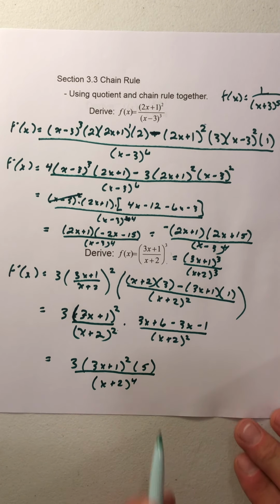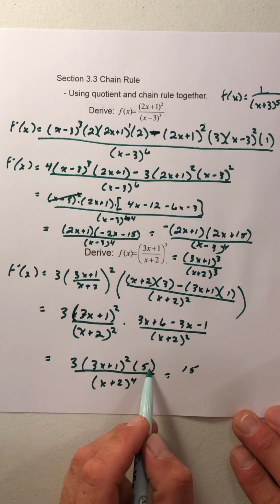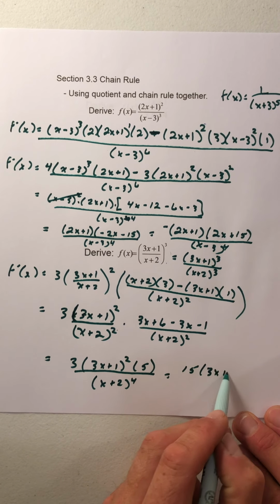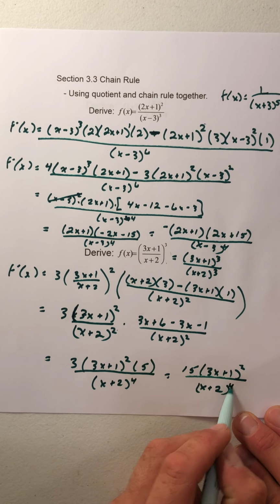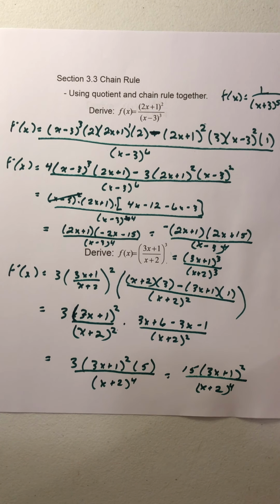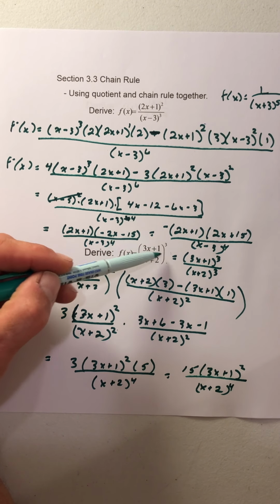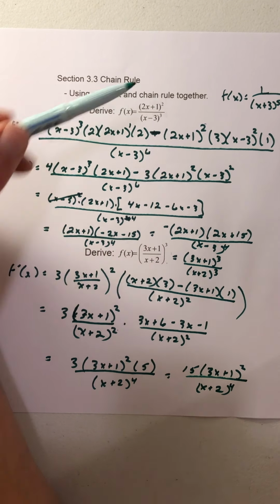So we get (x plus 2) to the fourth. 3 times 5, they're both monomials being multiplied together, so 3 times 5 gives us 15 times (3x plus 1) squared over (x plus 2) to the fourth. So that's another way that we can look at it. We can only do this form when the two quantities are to the same exponent. We could not have done that up here because they're not to the same exponent.